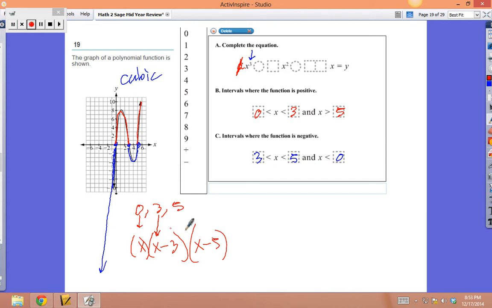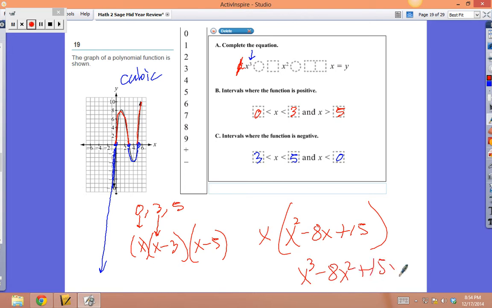Okay, now I'm going to do x minus 3 times x minus 5, and if I distribute that through, I know it's going to be x squared minus 8x plus 15. And then if I multiply that all by x, it's going to be x cubed minus 8x squared plus 15x. And this is the polynomial that will give me this graph. So x cubed minus 8x squared plus 15x equals y.